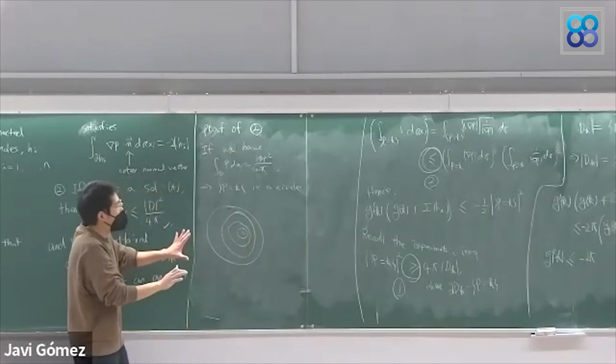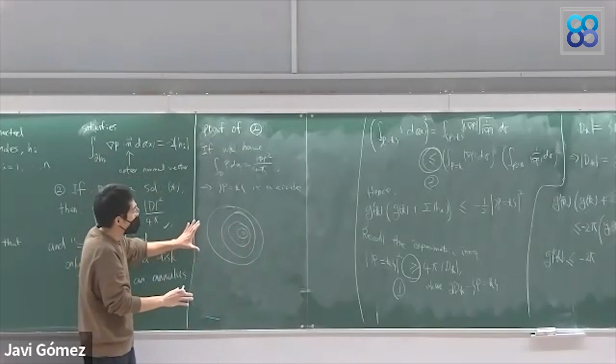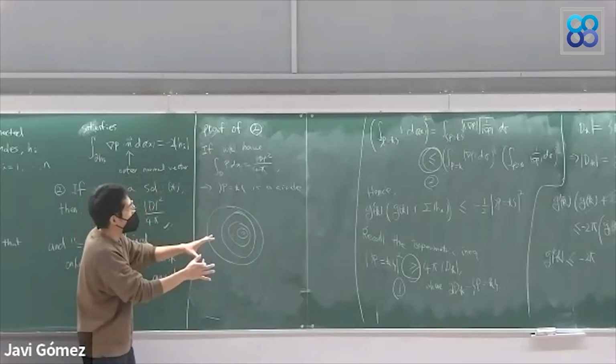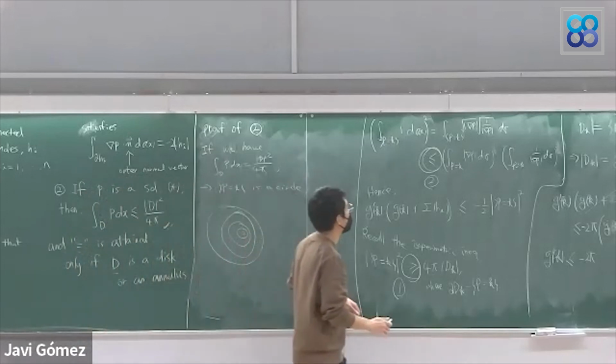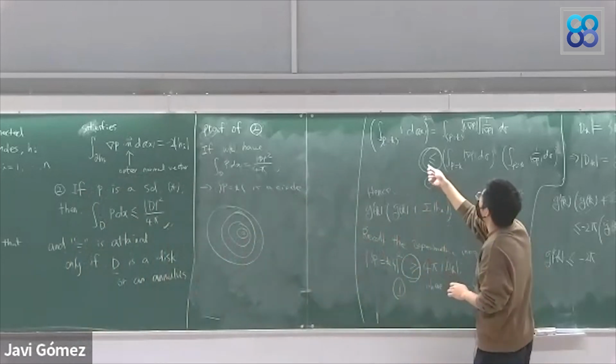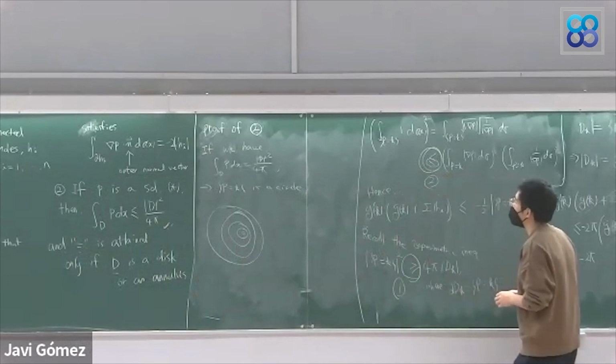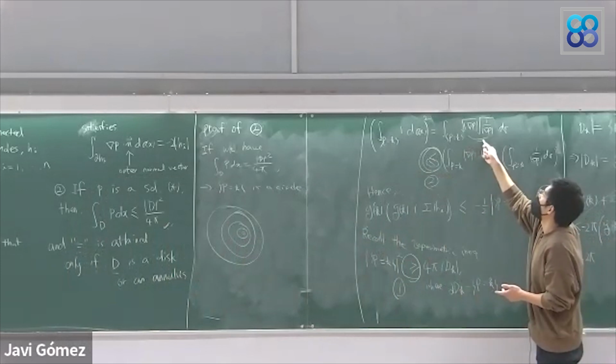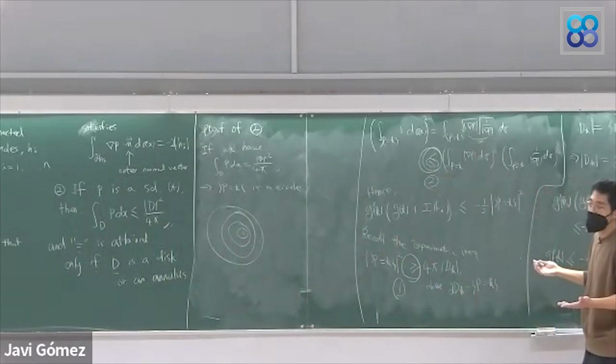I mean, every level set is a circle, but it doesn't have to be radially symmetric. It can be skewed a little bit. But to fix it, we can look at this. To have the equality in the Cauchy-Schwarz, the equality is achieved when these two values are equal and constant.